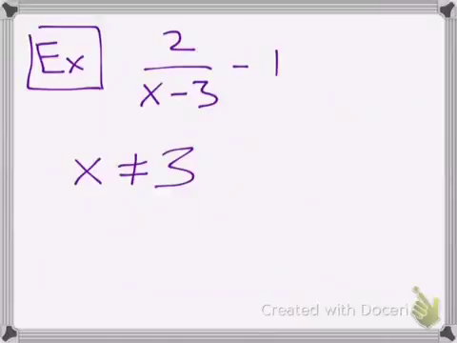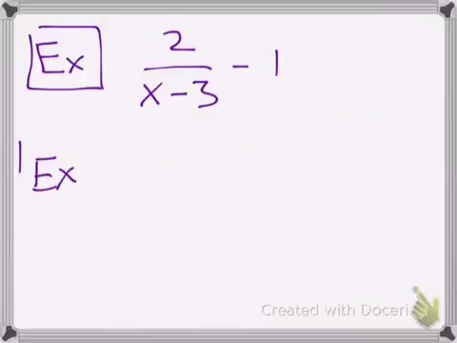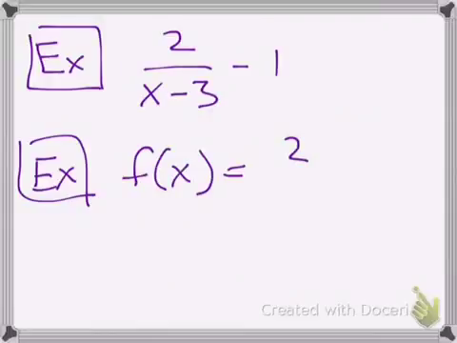So if I extend this to this function, if we write this same thing in function form, f of x equals 2 over x minus 3, minus 1.